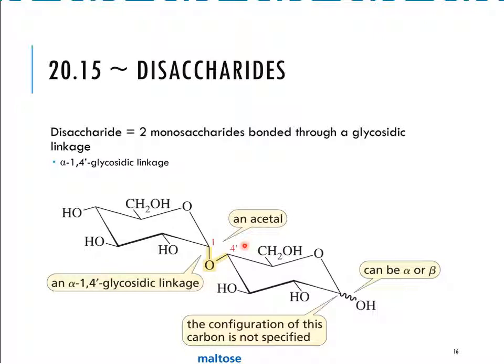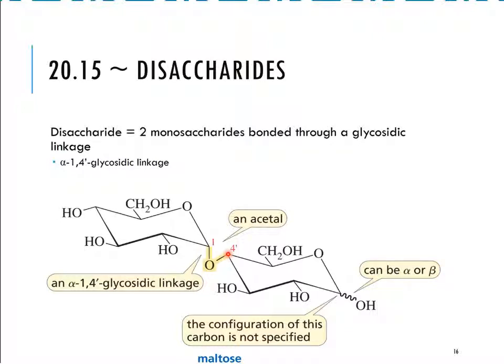Alpha is because the oxygen on carbon number 1 here is pointing in the down position, which tells us that it's an alpha oxygen. So we have alpha oxygen on carbon number 1 bonded to carbon number 4 on a different ring, and that's what gives us a glycosidic linkage.